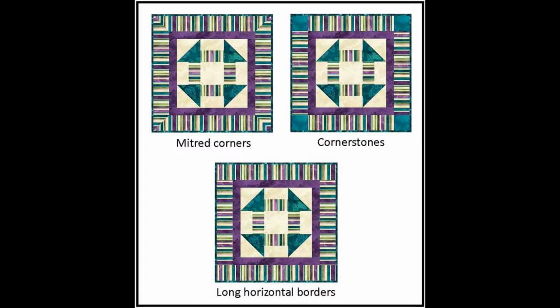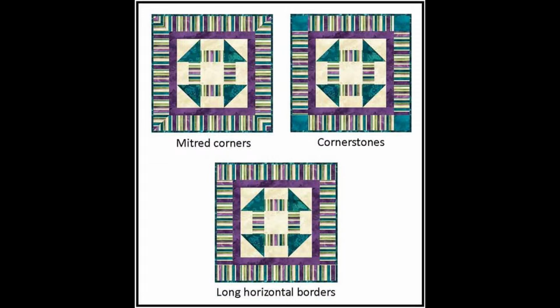And you'll see that using the stripes as they were cut, as we talked about earlier, you're not using the length of the stripe along your border, you're using the stripes as you can see them here, so you don't have to worry again of matching them up or laying them out properly. They're going to just land in a place that looks so nice. So that's an idea for border stripes.